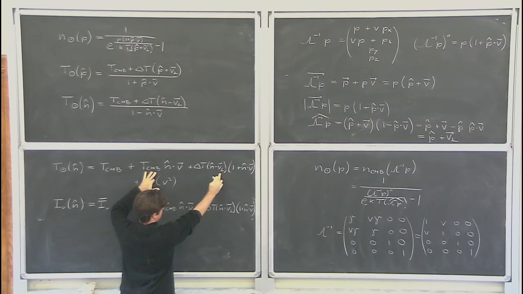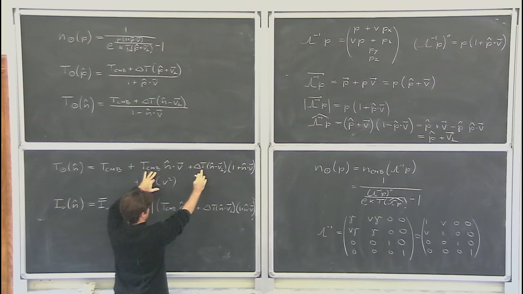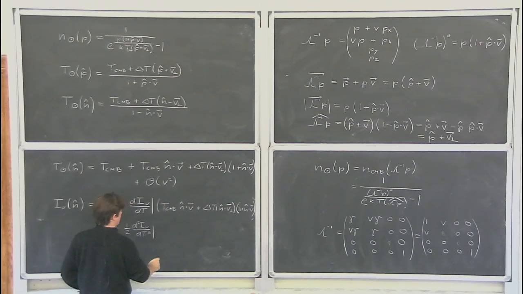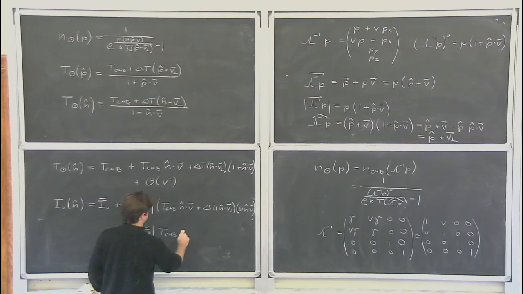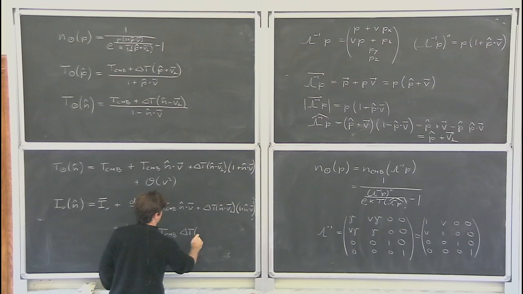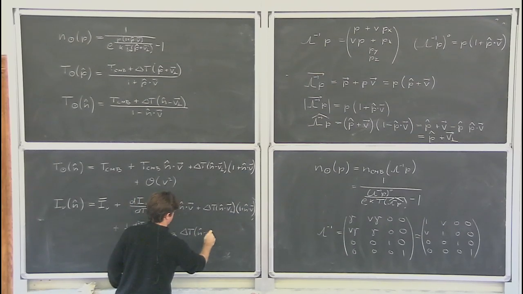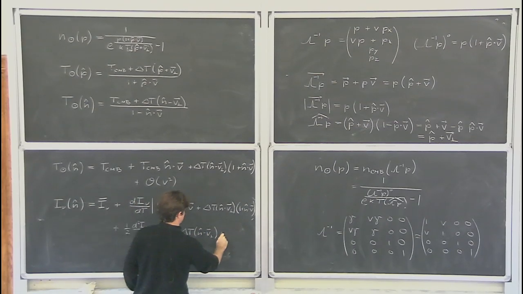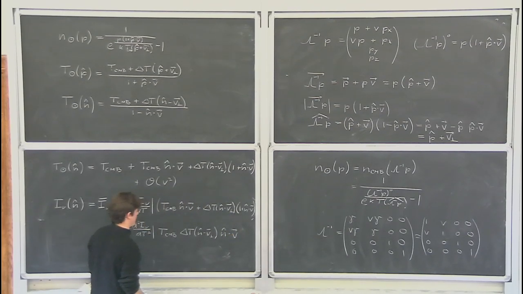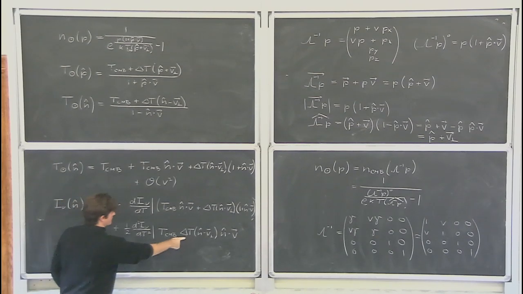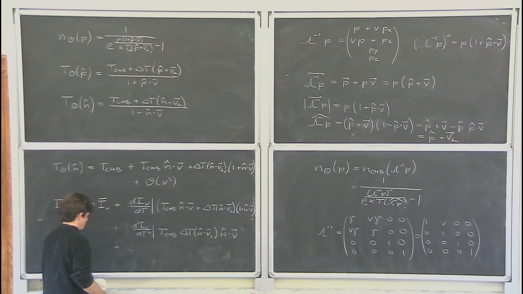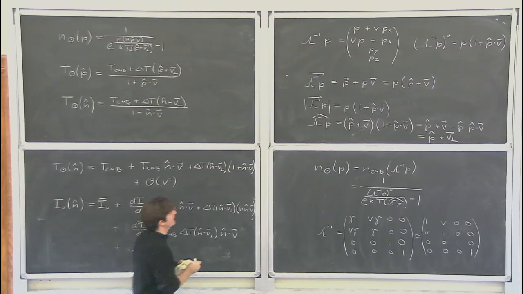If I'm squaring this, it's second order in the fluctuations, which I'm not keeping, but there's a cross term here that looks like T CMB times delta T of n hat minus V transverse times n hat dot V, and then plus dot dot dot, and because it was the cross term, this came with a factor of 2, which cancels this one.